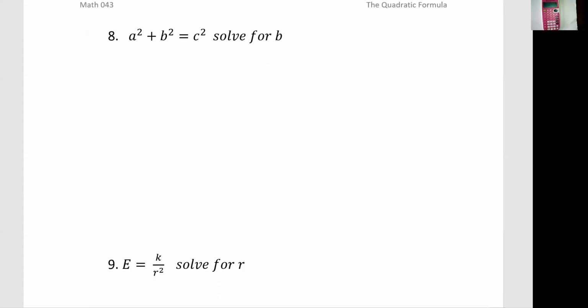Number 8, we want to solve for b. So the first thing we want to do is isolate b by subtracting a squared from both sides. And then we'll take the square root of both sides. When we take the square root of both sides, we need plus or minus.